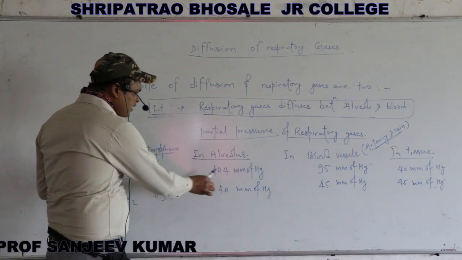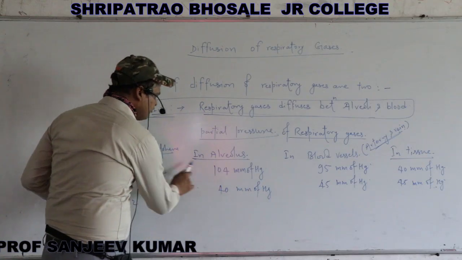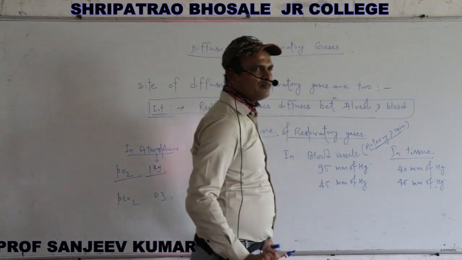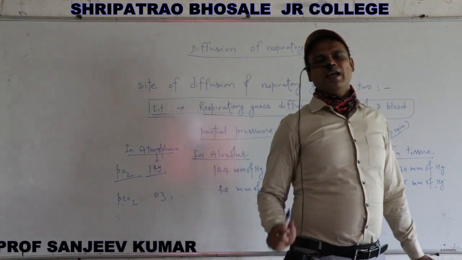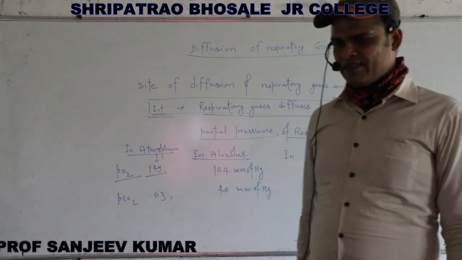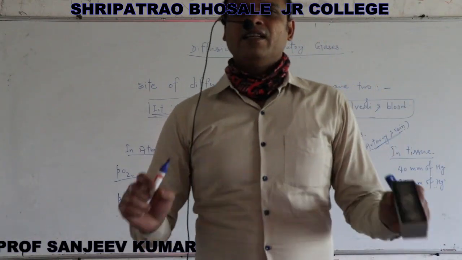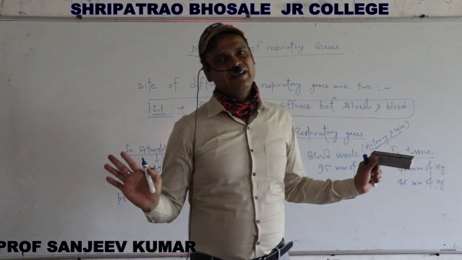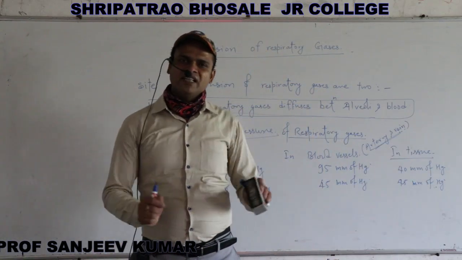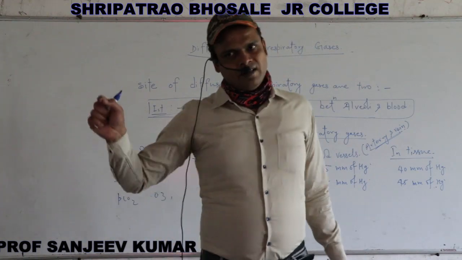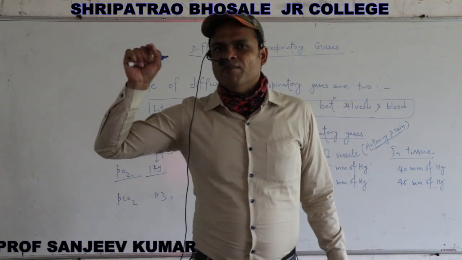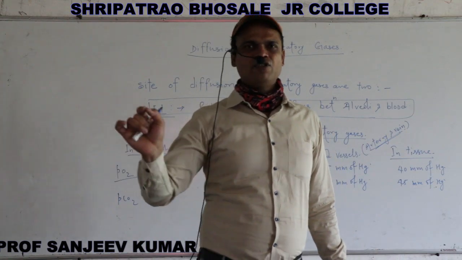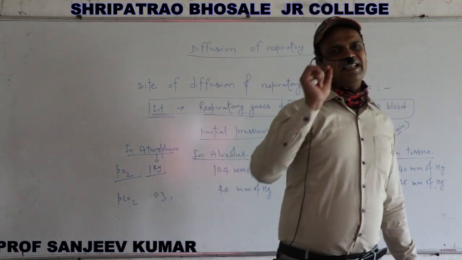You simply notice that the difference in partial pressure of oxygen and carbon dioxide creates the diffusion potential, and the thumb rule is that gases will move from high potential to low potential.